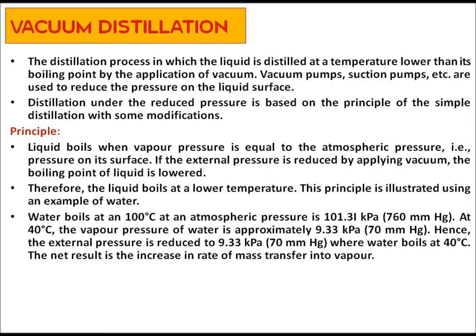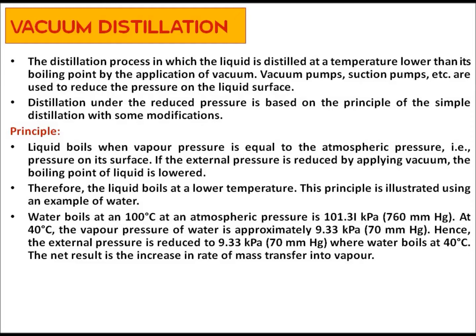Now, at 40 degrees centigrade, the vapor pressure of water is almost equal to 70 mmHg. If we heat the water to 40 degrees centigrade, the vapor pressure of the water becomes 70 mmHg.